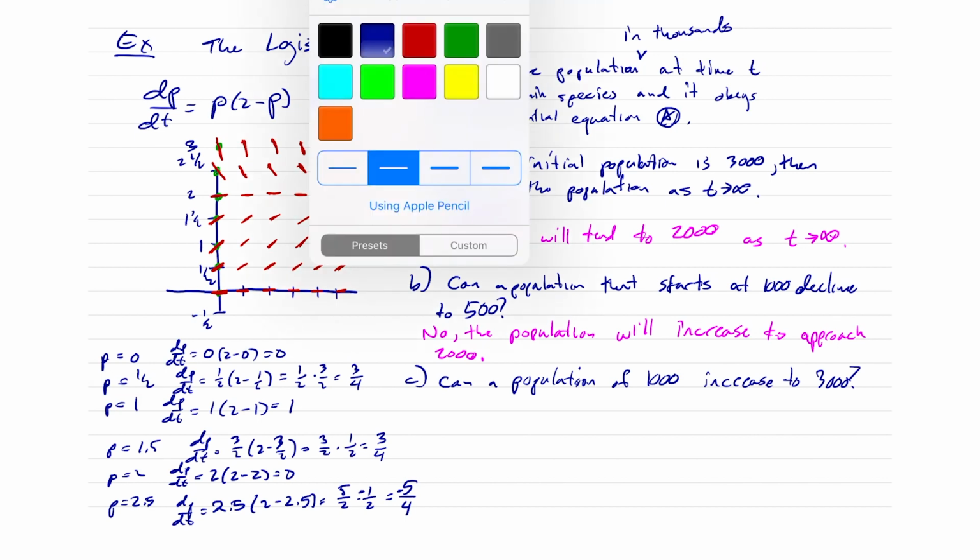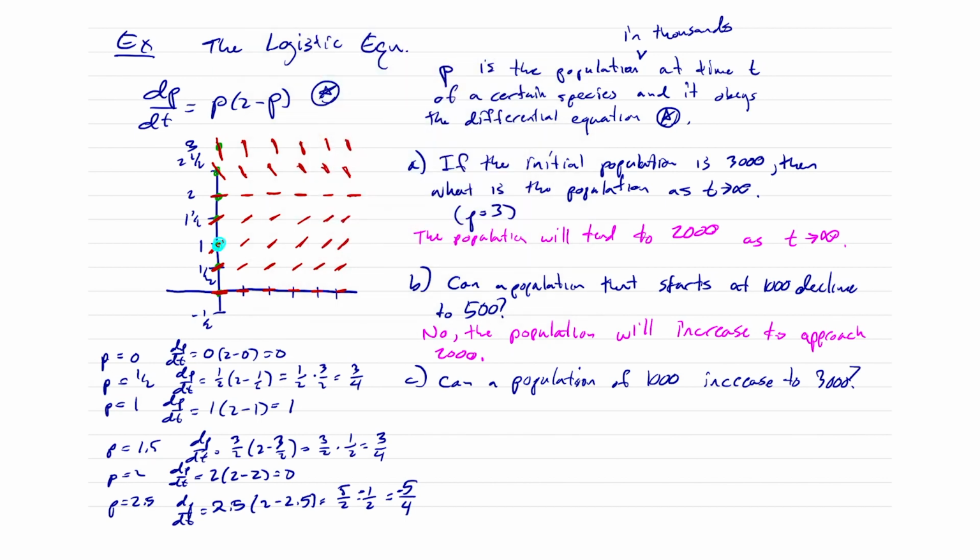Let's take a look. So again, we're starting at 1,000, and we should be tending to 2,000. And what would happen if somehow we got up to, say, 3,000? Well, then that means that at some point we had a positive slope going through the 2. And that can't happen, because the slope at 2 is always 0.